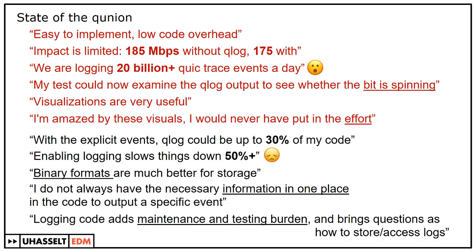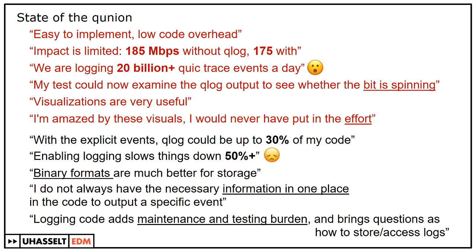And some people also say that depending on the implementation, you might not have all the information in a single place to log the events as I have defined them in the current schema. So some events might have to be redefined or split up into separate things, depending on implementation context. The last one, I think, is a very, very important one. They said that there are some implementations holding out on qlog, not just because of the performance overhead, but also because there is a certain maintenance burden.